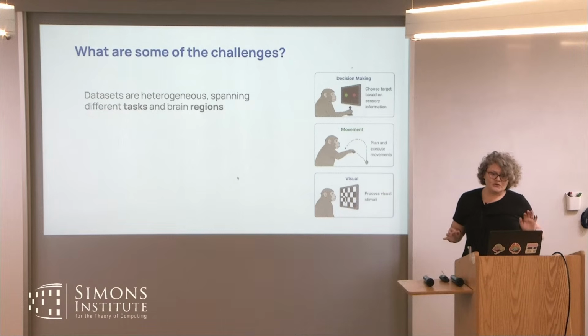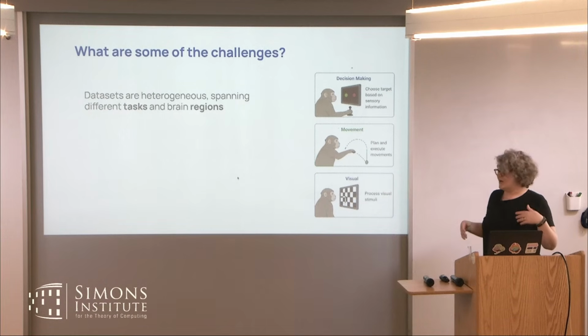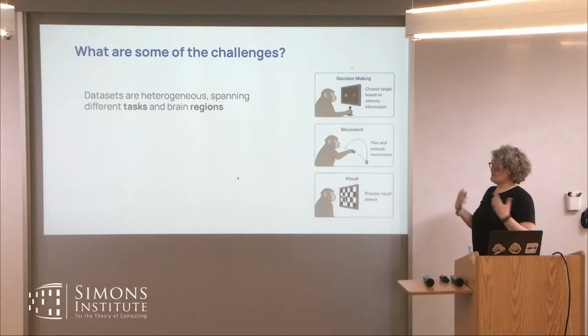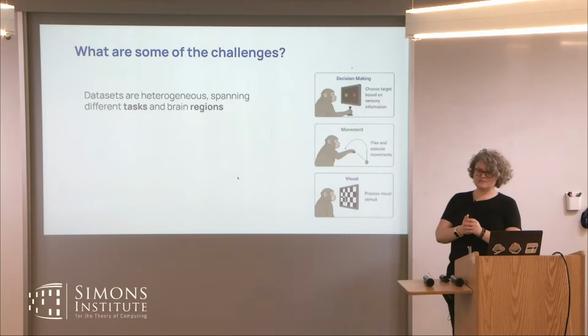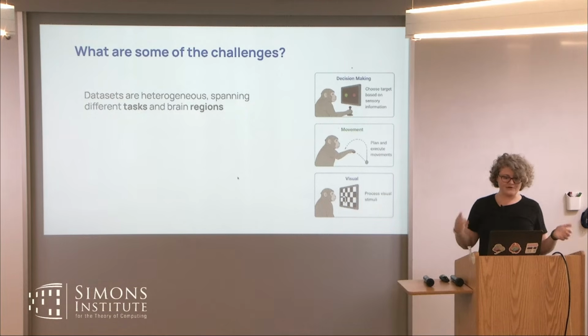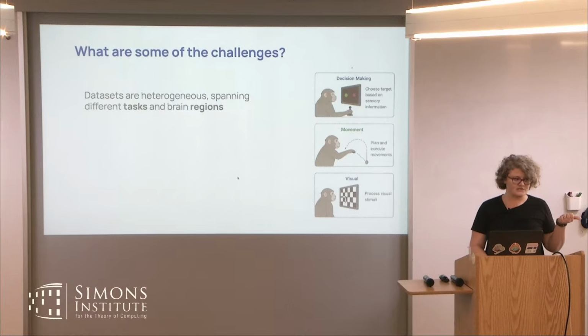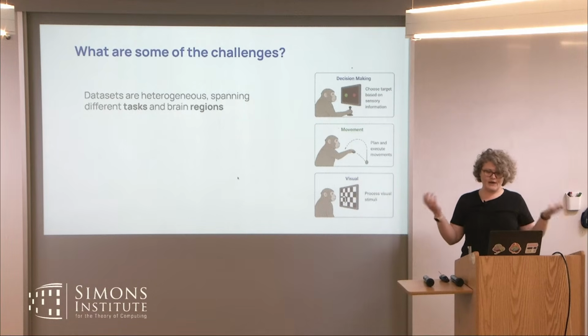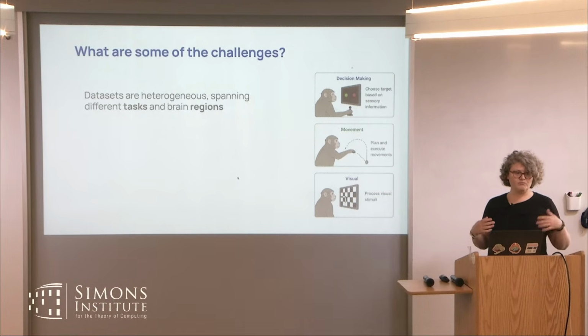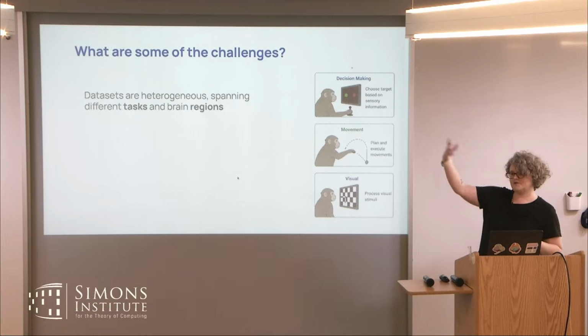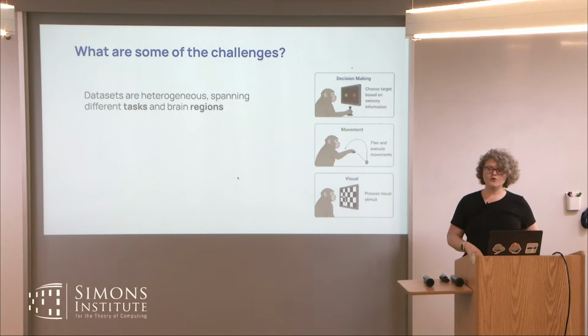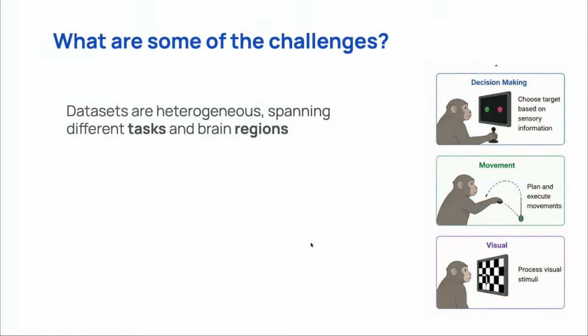So, this is a really exciting goal and an idea to be able to aggregate all these data sets, but there's been a number of challenges that have made this a hard problem. So one is just the fact that all of these data sets are very heterogeneous, so they'll be probing decision-making or visual processing or motor and action planning.